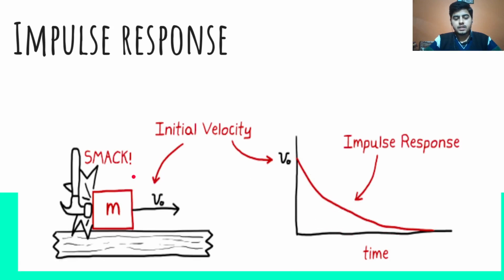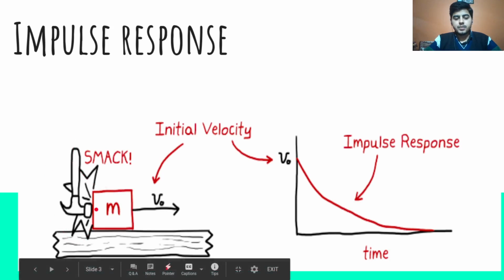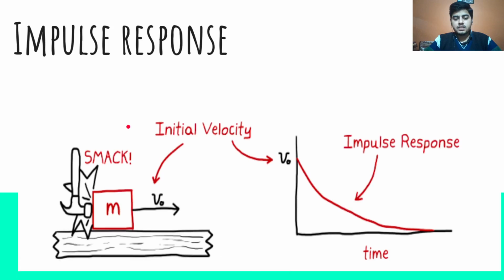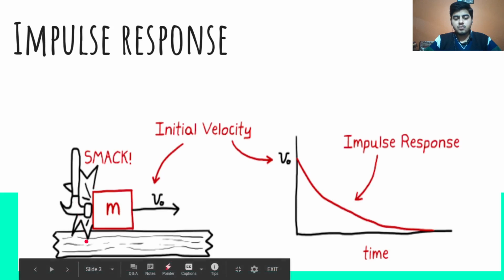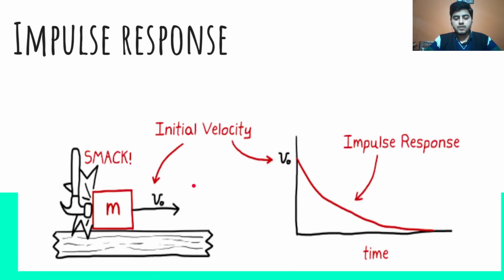Now in this case we can think of this hitting as an impulse. Why? Because we are imparting a lot of force in a short span of time. And this velocity will be like the impulse response. This is the response which this block shows after getting hit by this hammer.